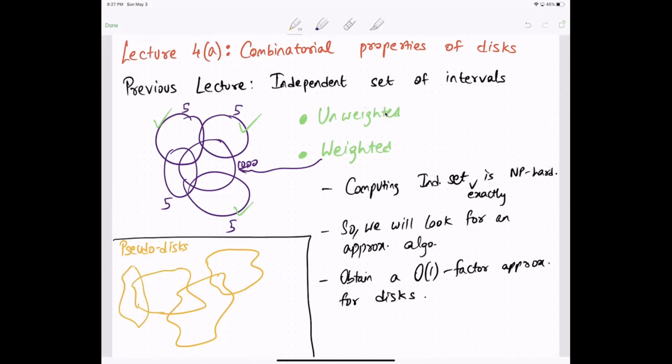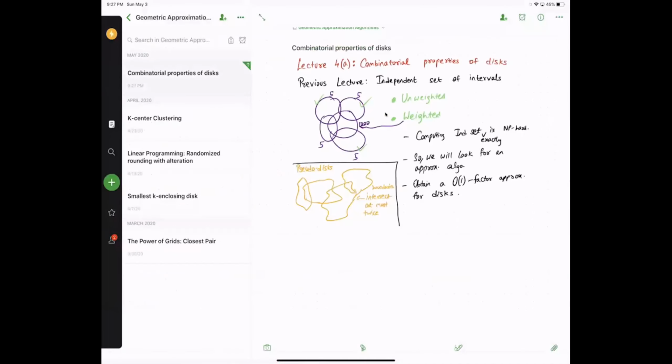So these curves just intersect each other at most twice. Maybe I should be specific: the boundaries intersect. But this is just a general remark, so we'll basically focus on disks. The constant factor approximation will hold for pseudo disks as well.